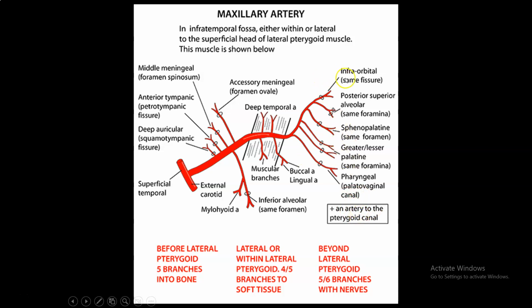So again, for the third part, the continuation is the infraorbital, as it supplies the upper maxilla from posterior and upper, so it is the posterior superior alveolar artery, the very famous sphenopalatine, greater and lesser palatine, pharyngeal, and the Vidian artery or artery of the pterygoid canal.